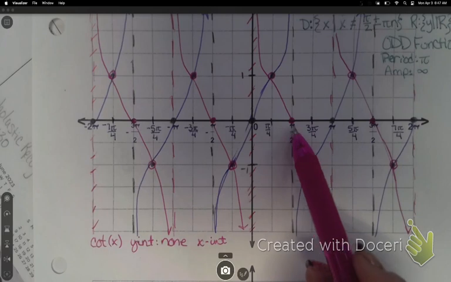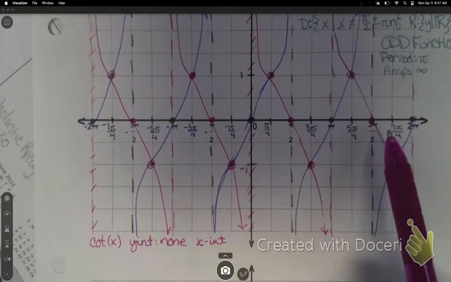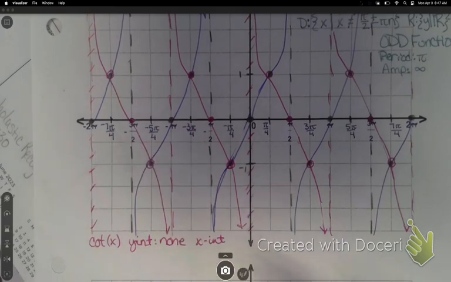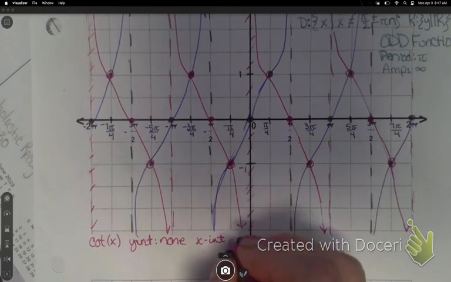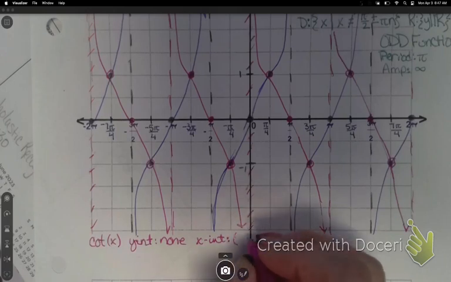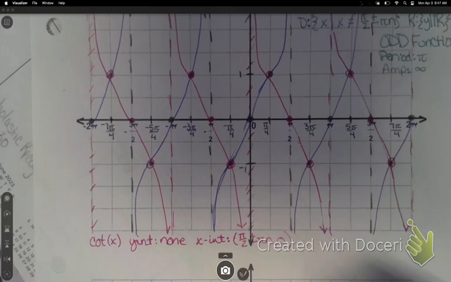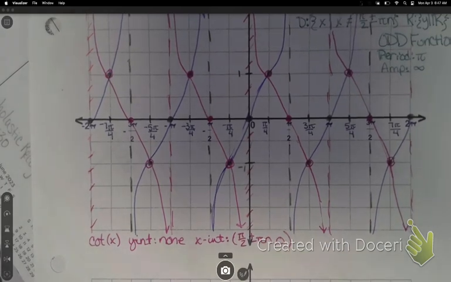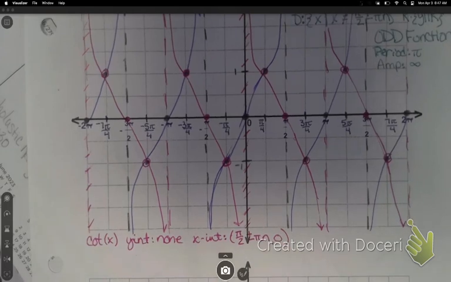Well, no, that would be pi over 2, 3 pi over 2, negative pi over 2, negative 3 pi over 2. So I have an x-intercept at pi over 2 plus or minus pi n, comma 0. It's a weird way to write it, but are there multiple x-intercepts? Yes.